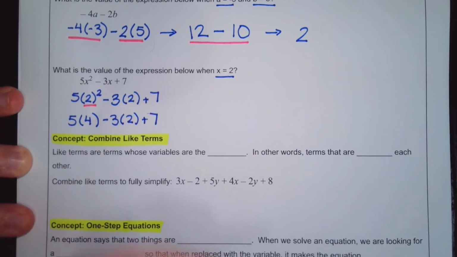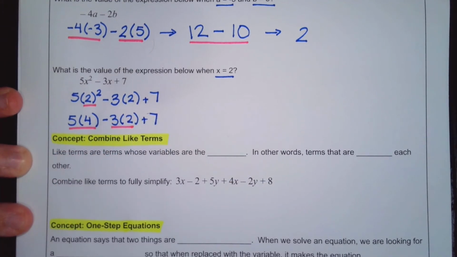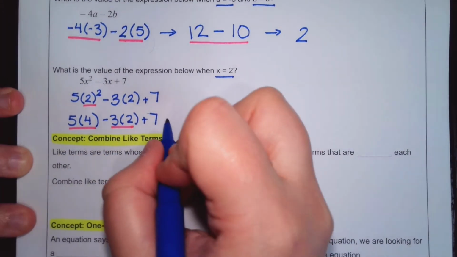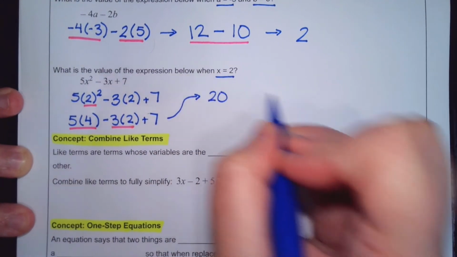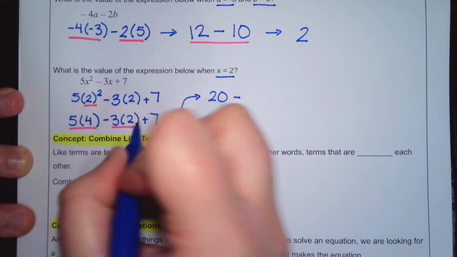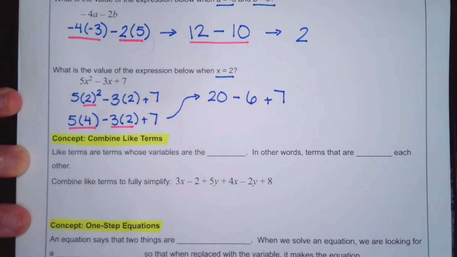All right, next we can take care of those 2 multiplications. So 5 times 4 is 20, minus 3 times 2 is 6, and then plus 7.